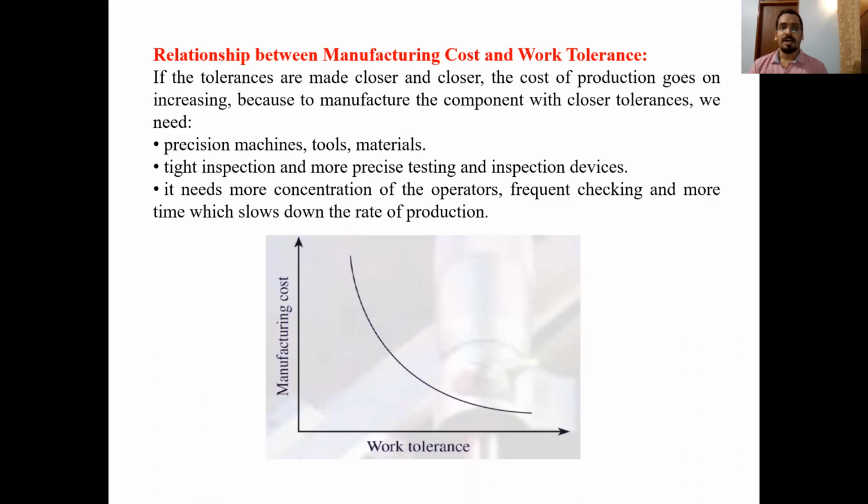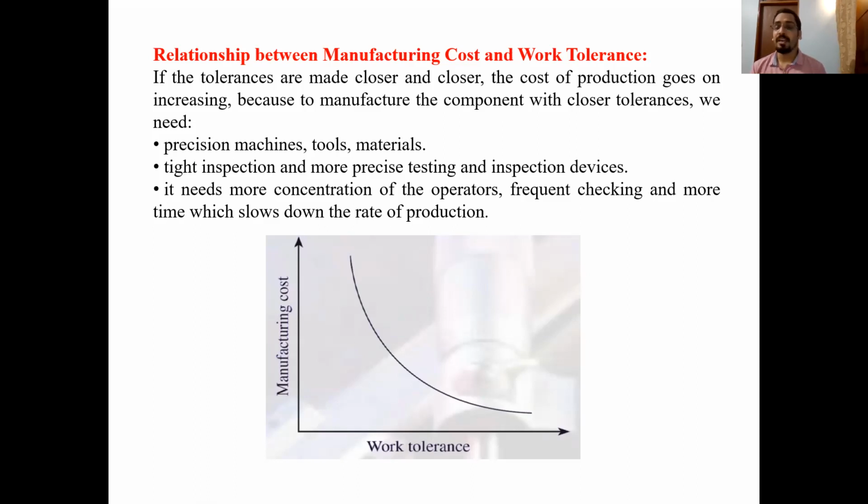If the tolerances are made closer and closer, the cost of production goes on increasing. It means that if 50 is the basic size and you want to achieve a close tolerance with respect to it, like 49.99 or 49.995, so when you want your dimension nearer to the basic size, the cost of production will be more, because you have to use more precise machines, tools and material to obtain that close tolerance.